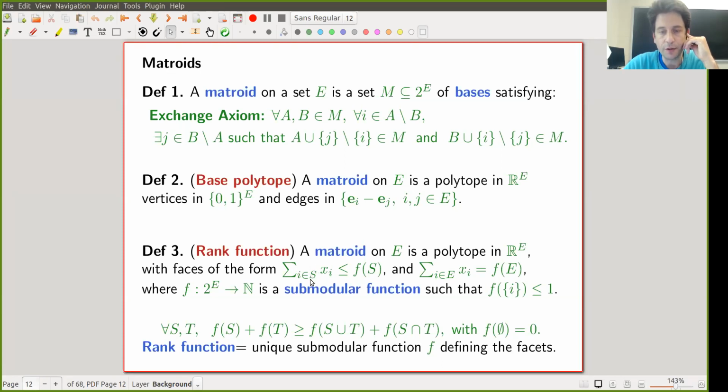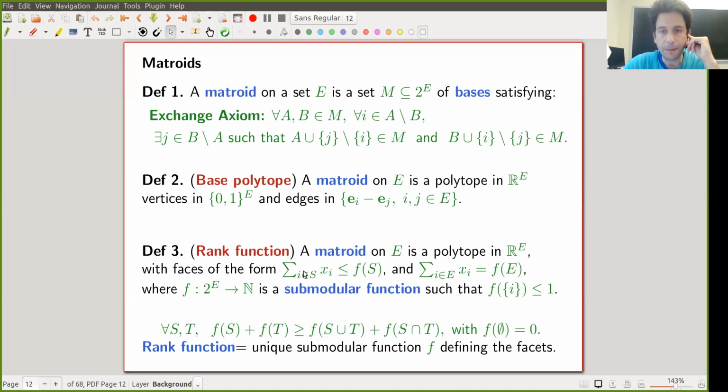For any given set S, I would have an inequality of the form: the sum of the coordinates x_i for i in S is less than or equal to a certain value, f(S). And for the total sum, it's an equality. So the sum of the coordinates is equal to a given value, the rank.